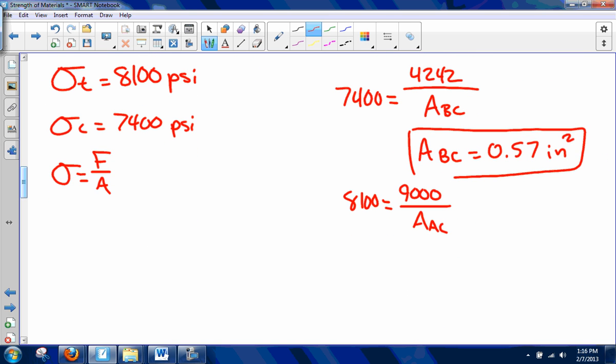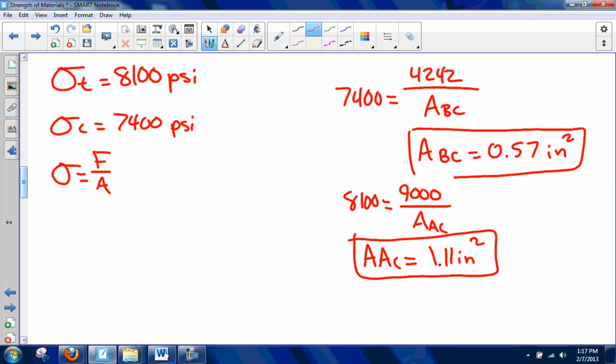So on my calculator, I put 9,000 divided by 8,100. I get A of AC is equal to 1.11 inches squared. An area always has to be in a squared unit. And that's how you solve that problem.